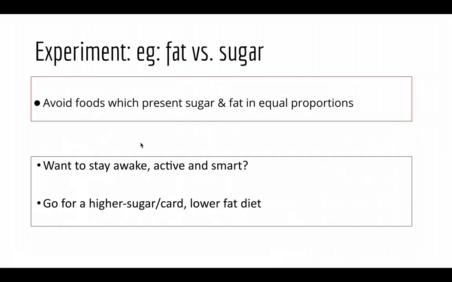So what's the lesson from this? Right? We probably should avoid foods which present sugar and fat in equal proportion. That's definitely toxic. All right. But if you want to stay awake, active, and smart, especially before the midterm and the final exams, right? You probably want to go for a higher sugar or carb, but low fat diet, right?